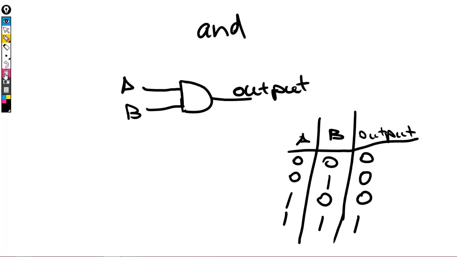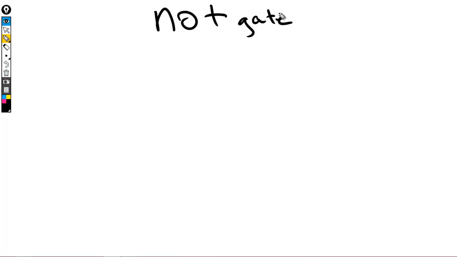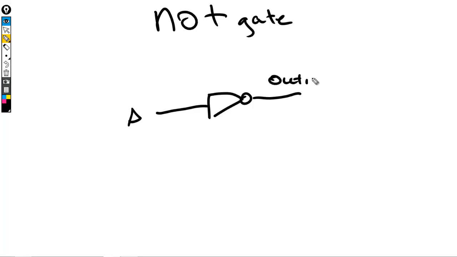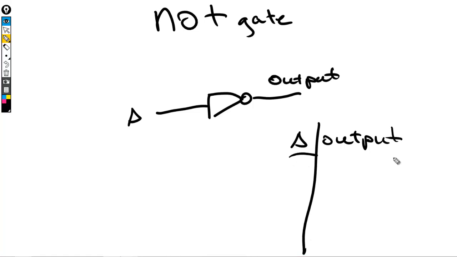Now let's move on to the NOT gate. A NOT gate is a little different than the other gates that we've covered so far. It looks like a triangle with a little dot on the top. So A, and then we have our output. Let's take A and output and draw a little truth table for this.